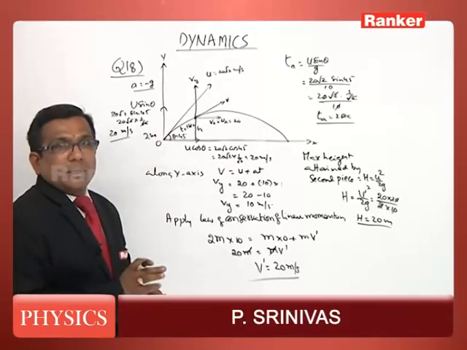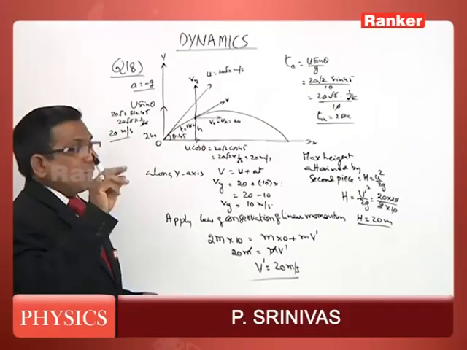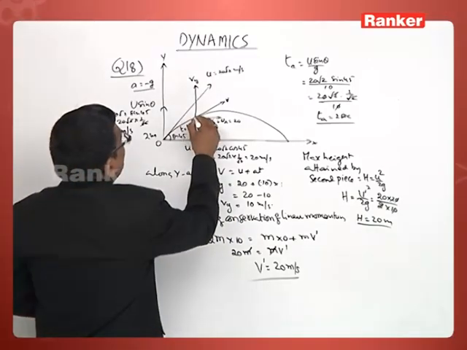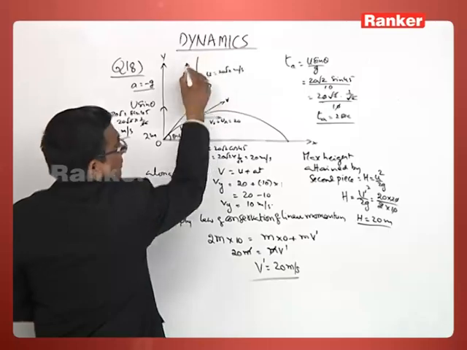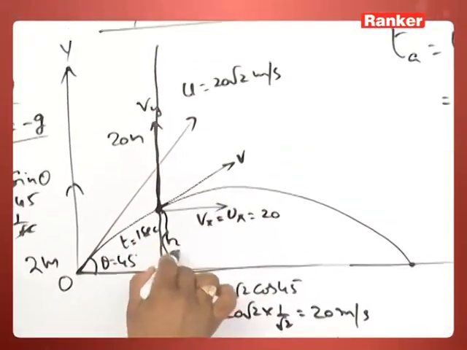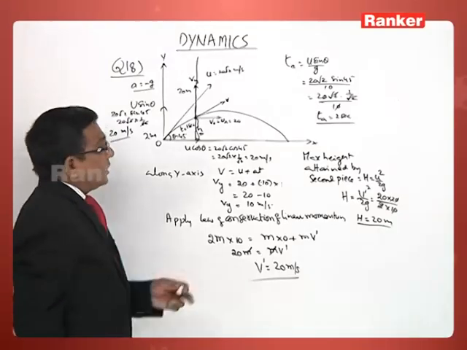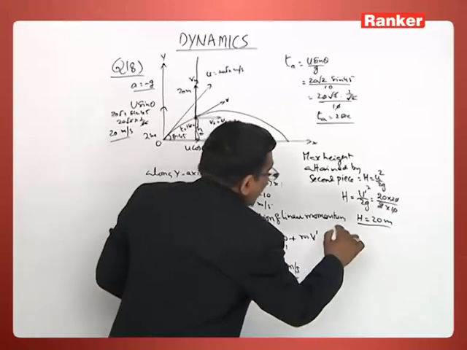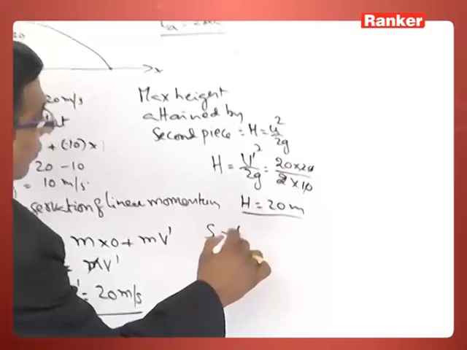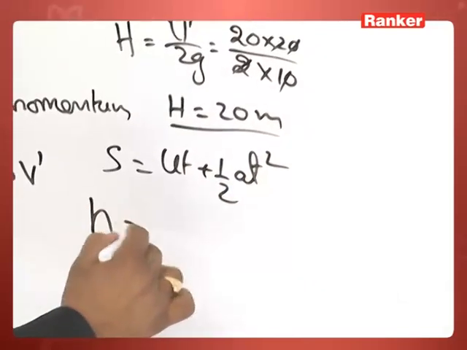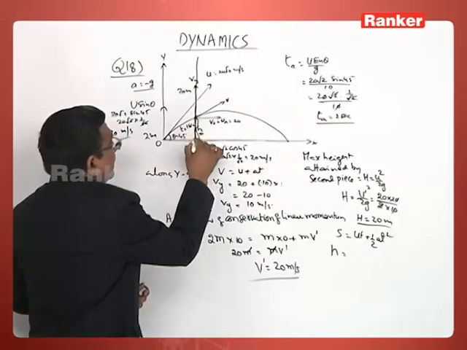But in the problem, the maximum height attained is wanted from the ground, with respect to the ground. That means the second piece from here is going to some height of 20 meter, but it is already at a height, which we have taken as h. So we have to calculate that height. If you use ut plus half at square, h is equal to, we want to calculate this height.